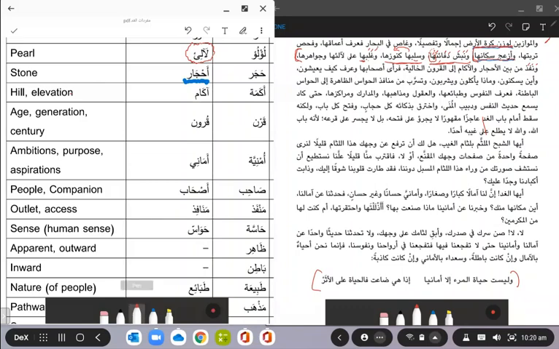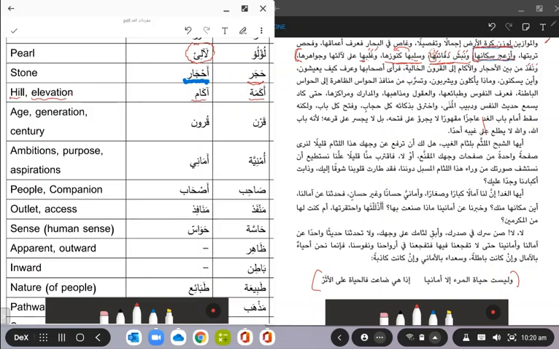The singular is hajar. You probably came across it in one of your Arabic units. Hajar and ahjar mean stones. And akama means a hill. It can also refer to an elevation, an elevated land. And akam is the plural. You can say hills.